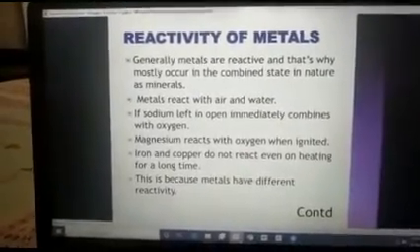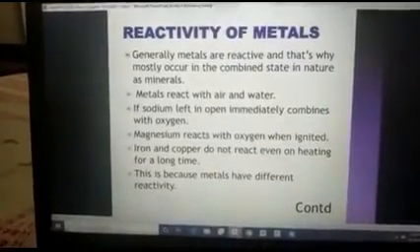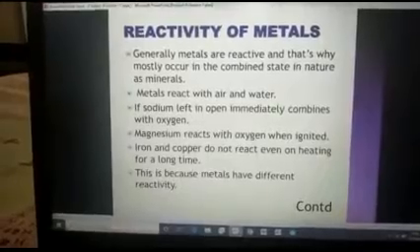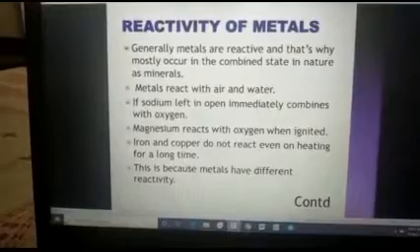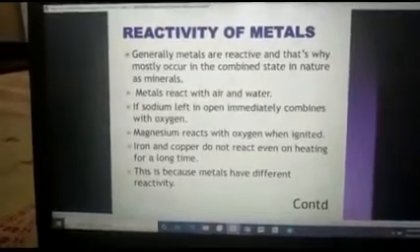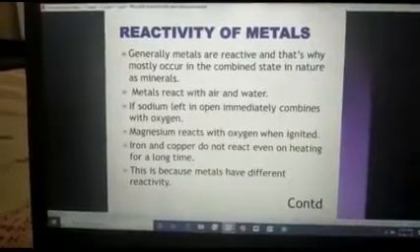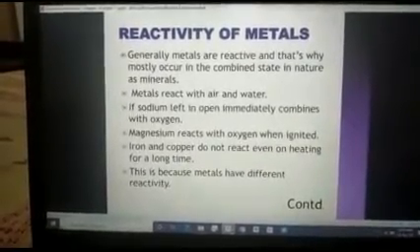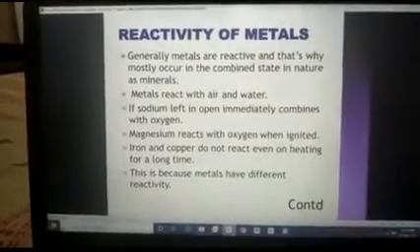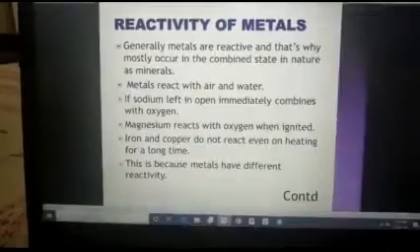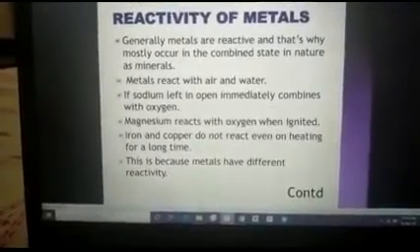As you understand here, sodium and potassium have different reactivity. Similarly, magnesium and iron have different reactivity. Copper is even less reactive than iron. And after that, you have seen gold and silver at your home. Are they reactive like them? No, they are very less reactive, or we can say non-reactive, as they won't harm us.